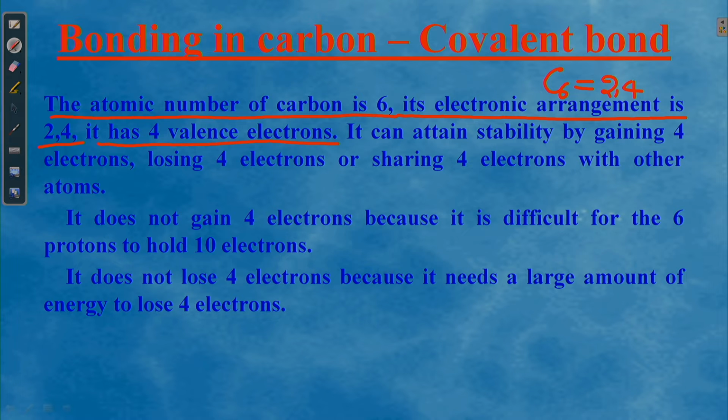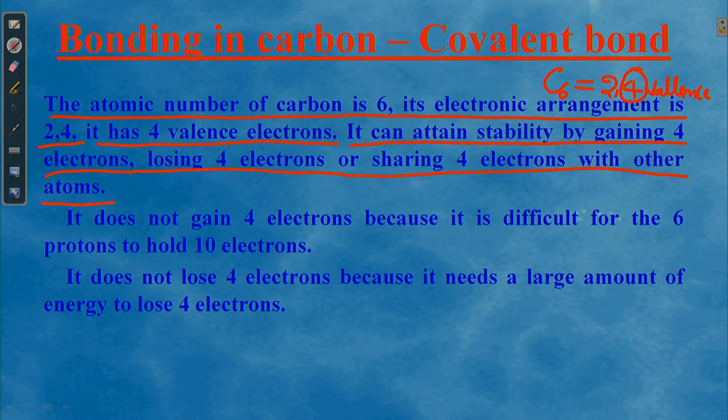Why? You can see here the last shell has 4 electrons, and the last shell of an element is also known as the valence shell. It can attain stability by gaining 4 electrons, losing 4 electrons or sharing 4 electrons with other atoms.